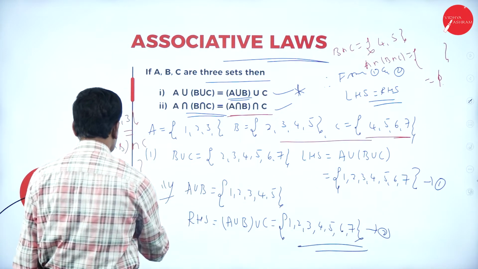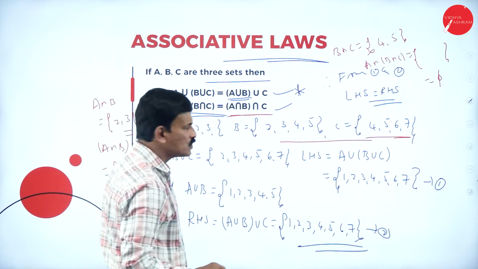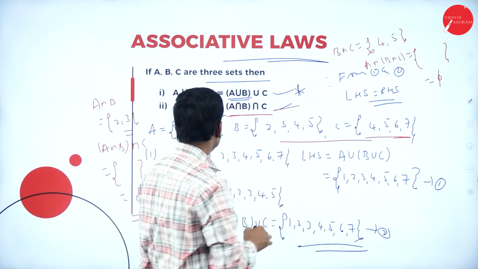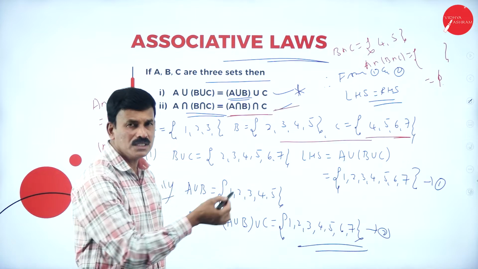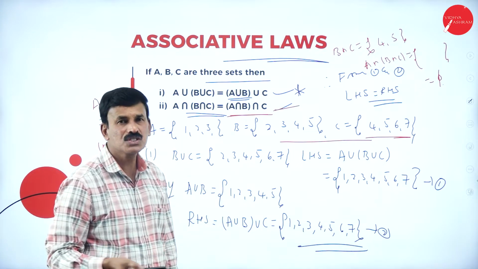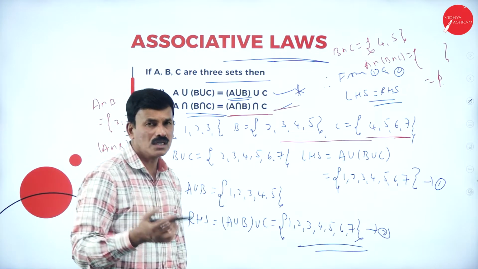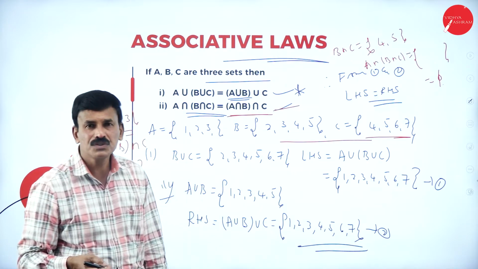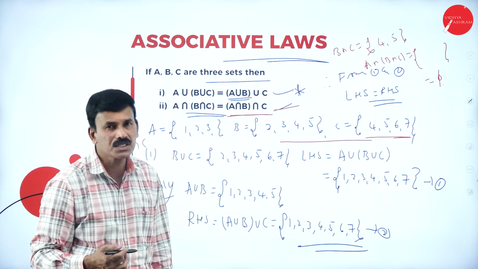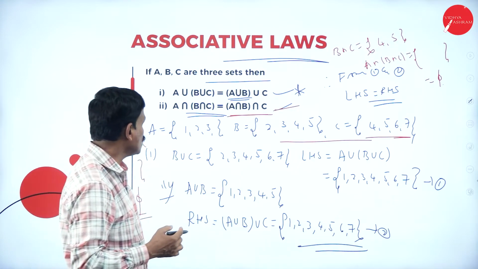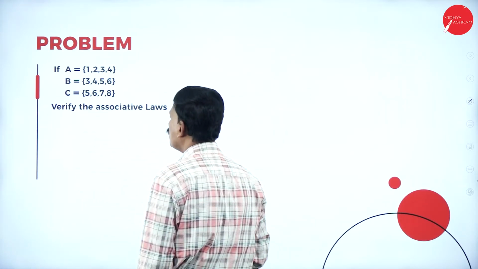No elements are common. Again, this is a null set. So, what do you say? (A intersection B) intersection C is equal to A intersection (B intersection C); in this case, it is a null set. This is how we verify the associative property in case of union as well as intersection. Okay.